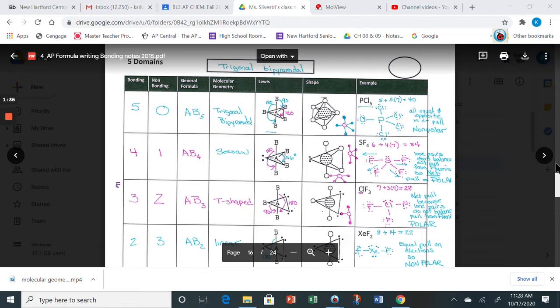When we look at 5 domains, it means you're going to have a center atom, and there's the possibility of having 5 things off the center atom. Now we're going to start talking about these terms called equatorial and axial. Equatorial means that when you look at the structure, the things that come off the center atom are on the equator, as if you're talking about the Earth, so it's around the center of the atom.